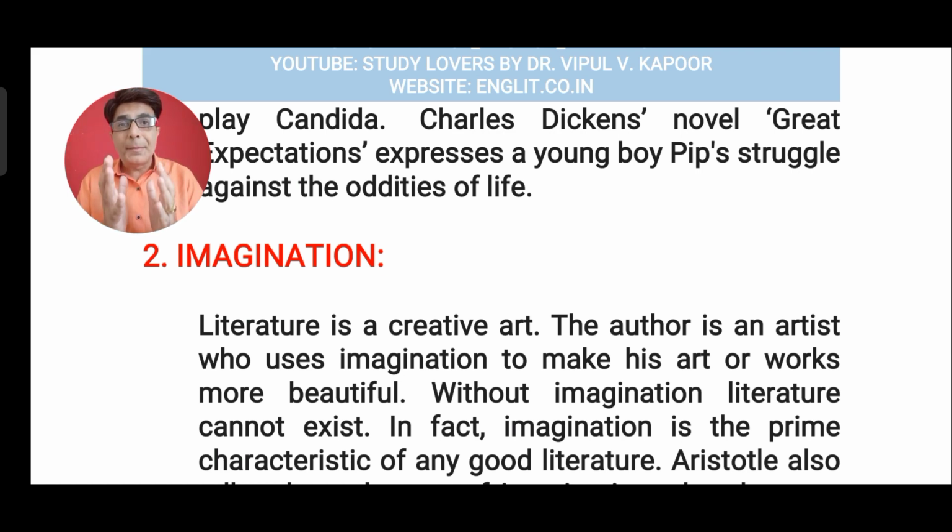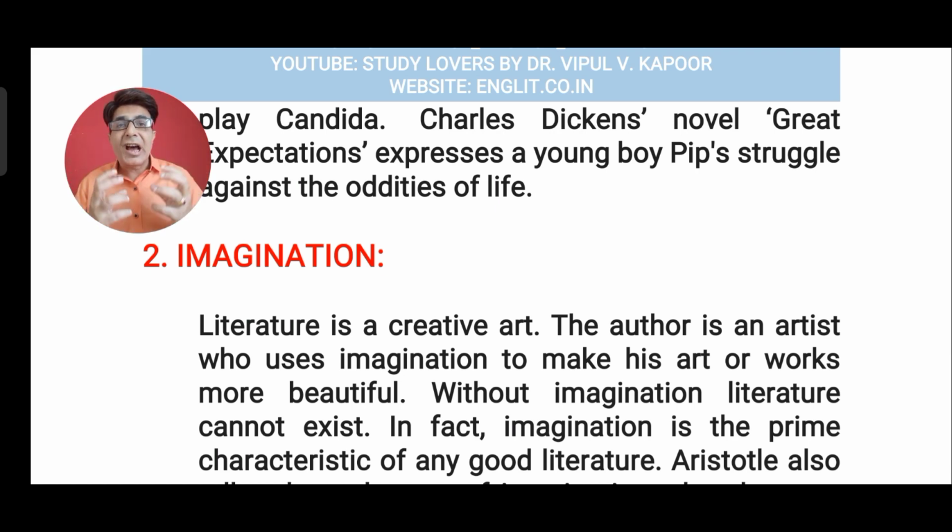Number two is imagination. You see, what is literature? Literature is an imaginative creation. It is a creative art. Here, the author no doubt sticks to the realistic life, but at the same time, he presents life in a colored manner.